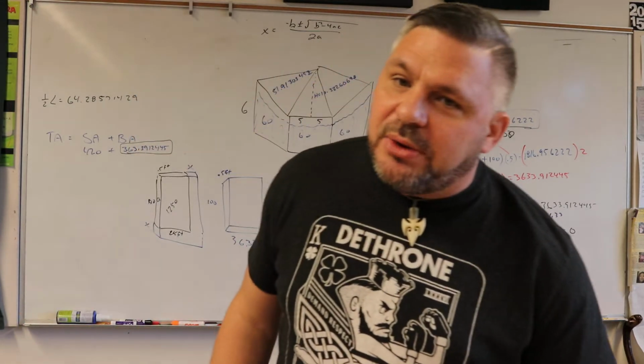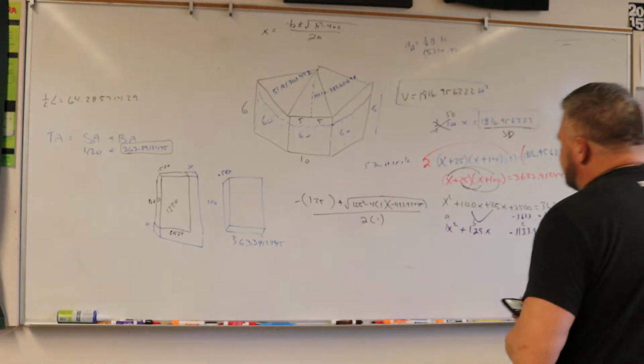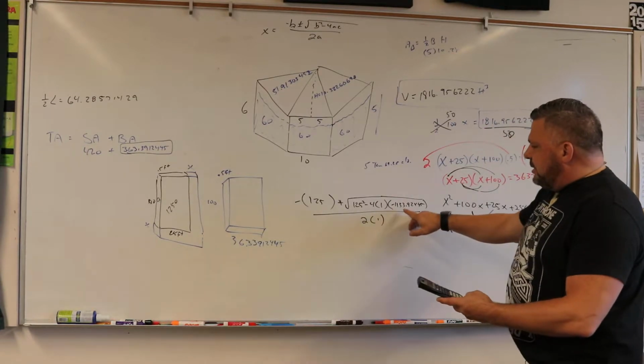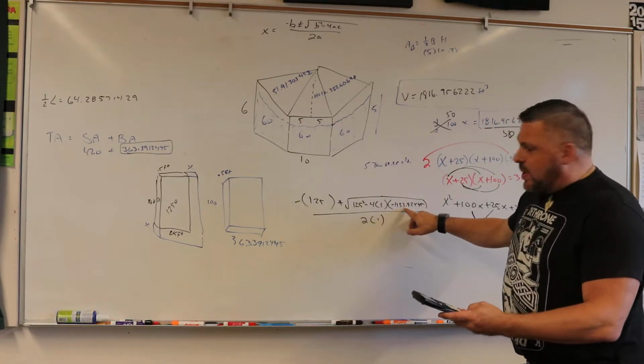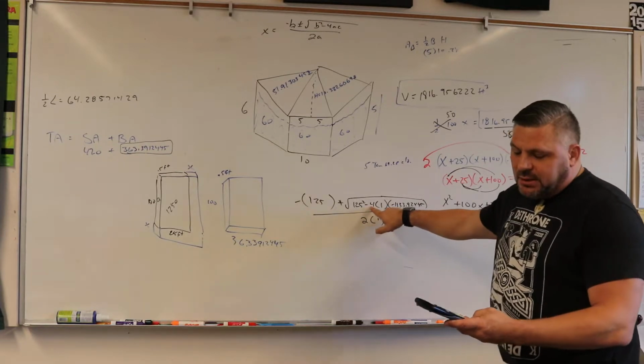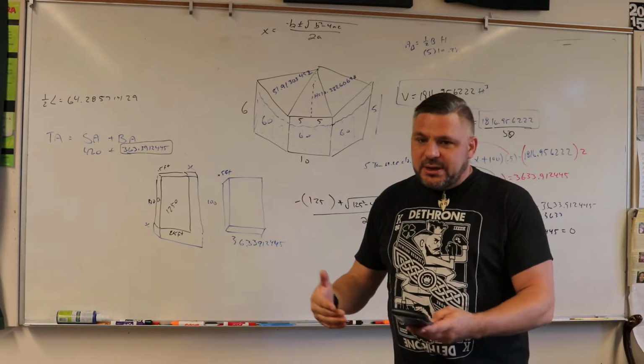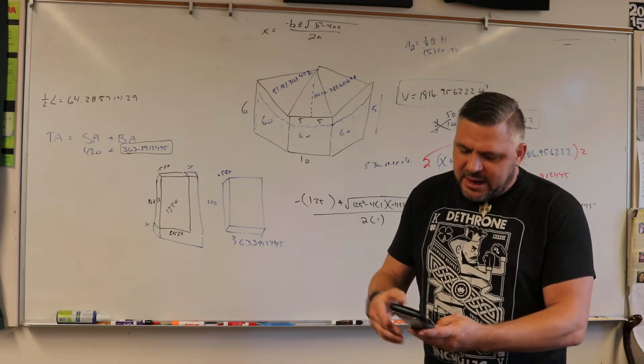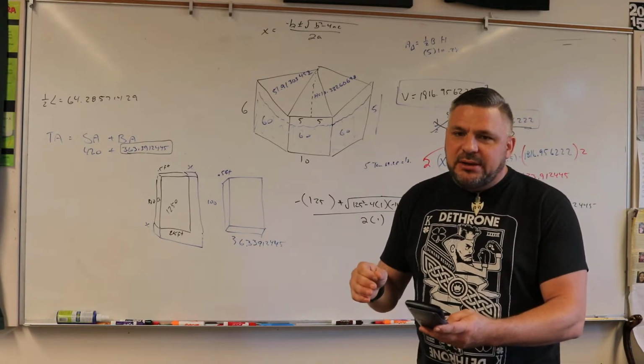So I'm going to take this square root. I got 125, so I already have this in there. So why don't I just multiply that by negative 4 real quick, right? So times negative 4, and now I have that number, okay?